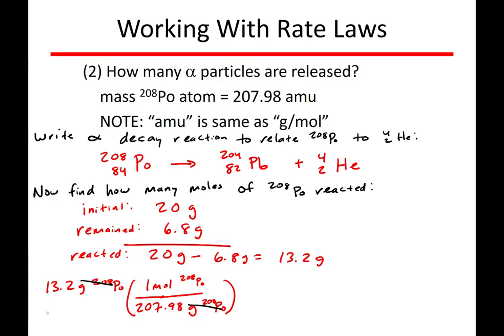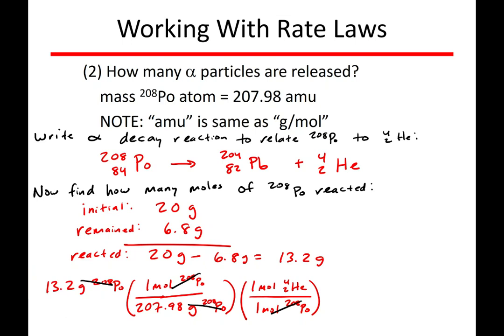And then next what we could do is convert that into a number of moles of alpha particles, because from our balanced equation, we determined that 1 mole of alpha particles is generated for every mole of polonium-208 that reacts. So we'll add that mole ratio in here. So 1 mole of alpha particles for every mole of polonium-208. Alright, so now that converts us into moles of alpha particles.